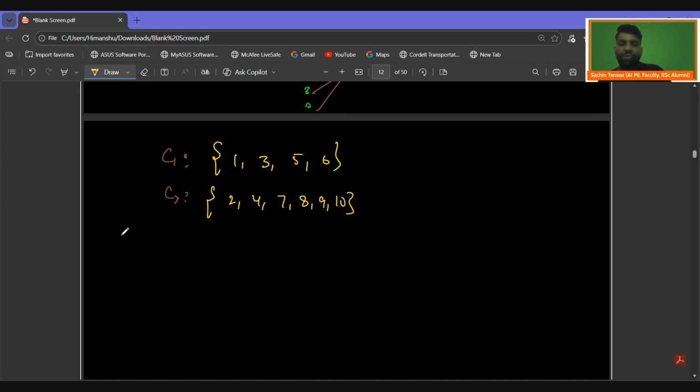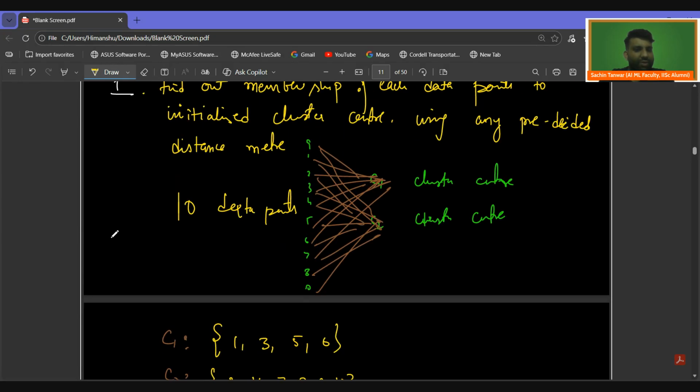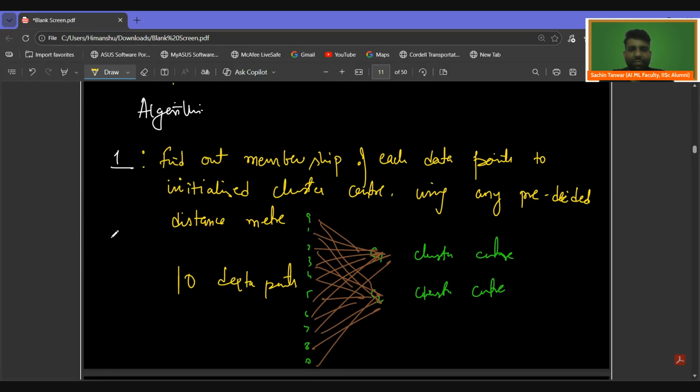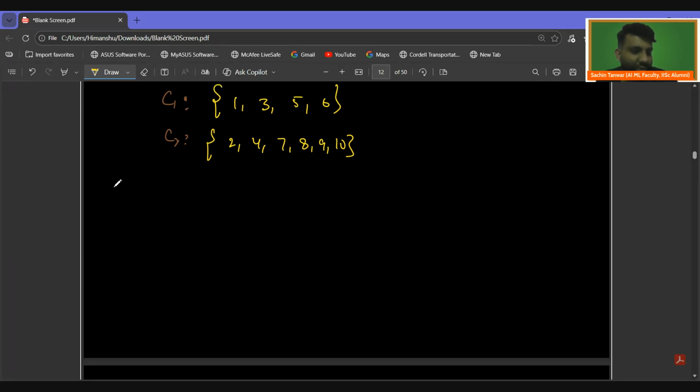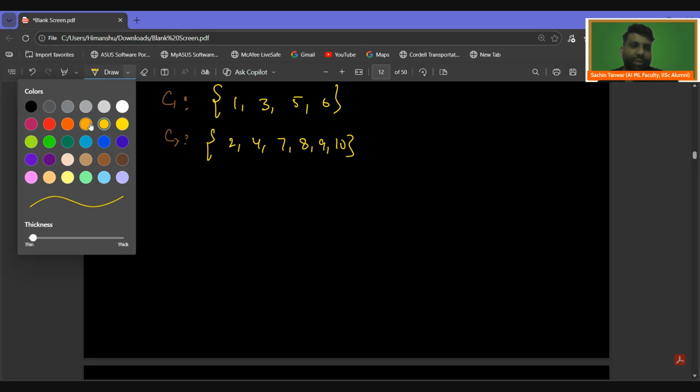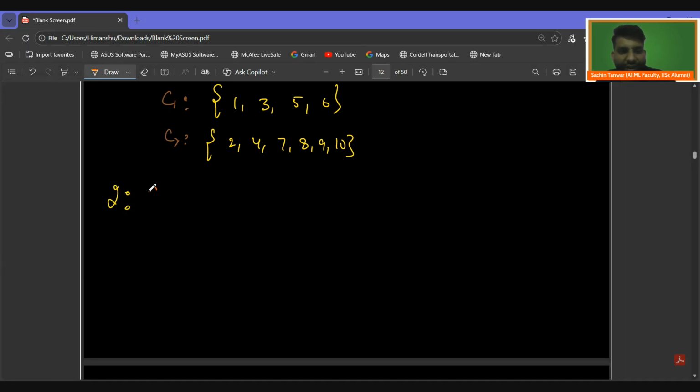Now the next step is to find out the new cluster centers based on membership.